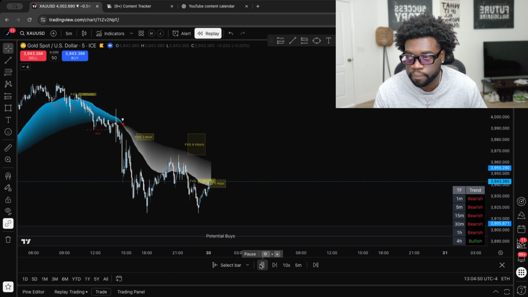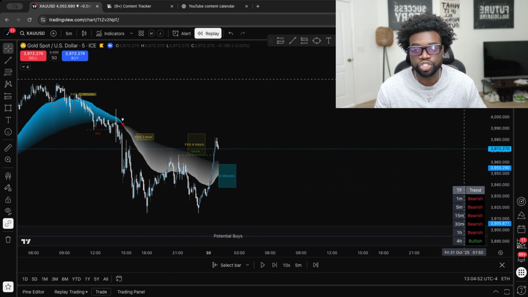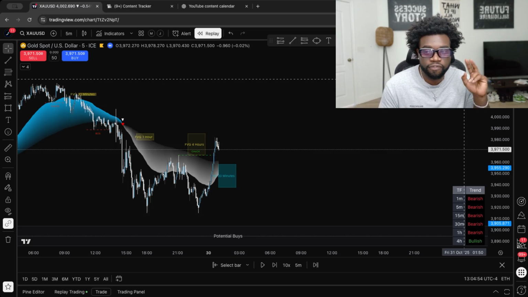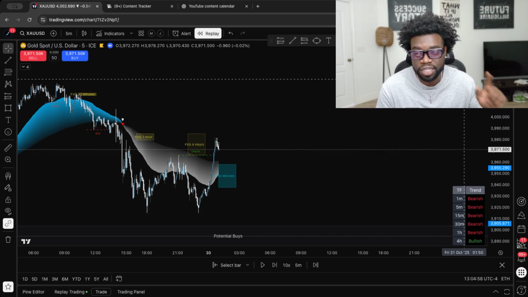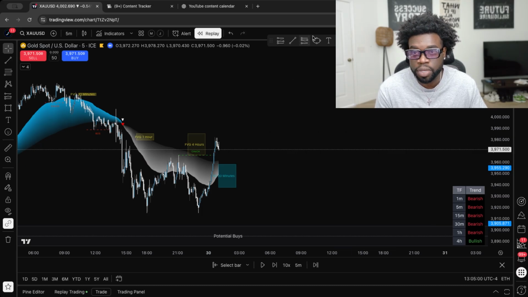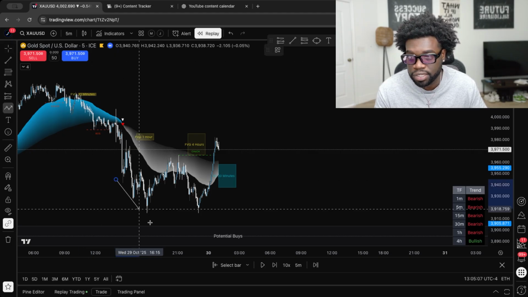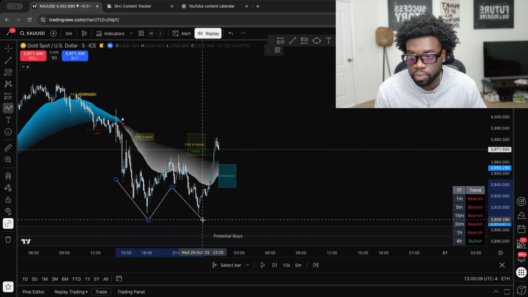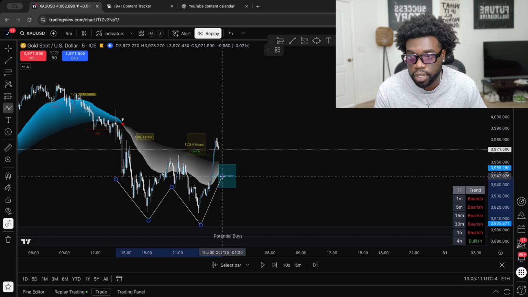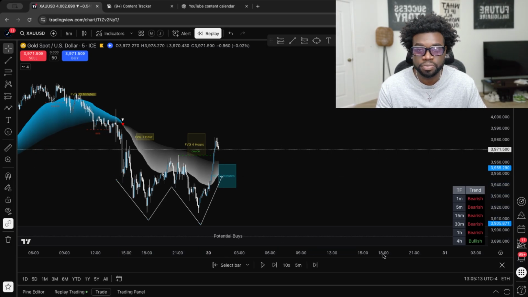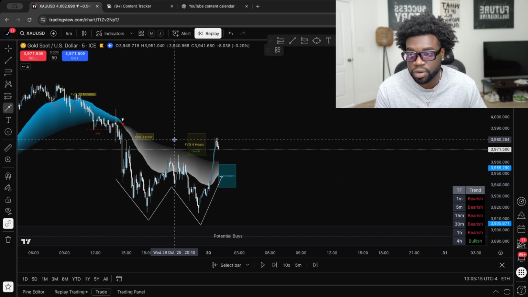Boom. Just like that, we got our first two confirmations. If you remember, price action and change of character. To me, for price action, I need to see a nice double top or double bottom. And what we got here, chat? A nice double bottom, followed by change of character.